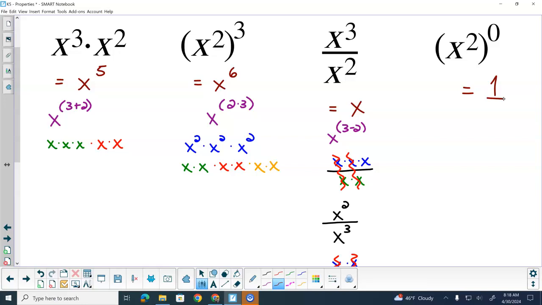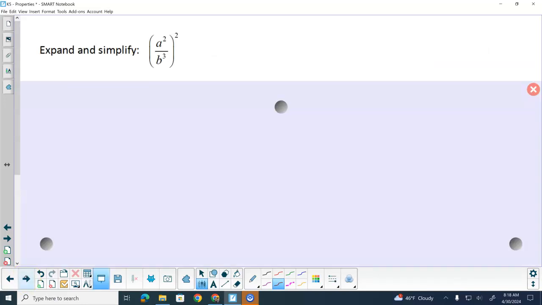Now, we're at the bottom of yesterday's notes. We didn't finish those off. So we want to simplify this one now. We've got a fraction to a power. What's going to happen here is this exponent is going to take control of the top. So on the top we've got a squared, squared.